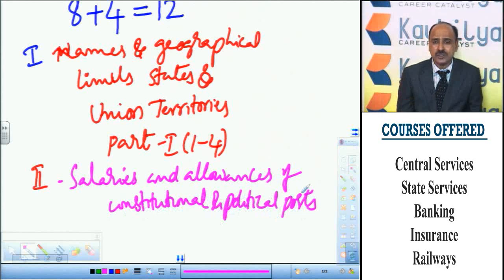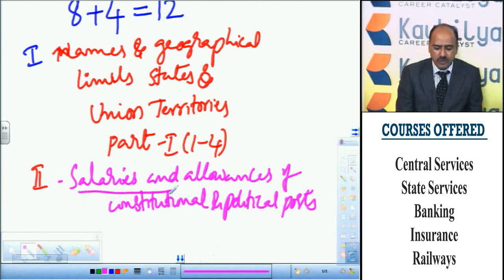Different people's salaries are mentioned. For example, the president's salary is mentioned in our constitution. The PM's salary is not mentioned in our constitution, but the PM can take a salary, equal to that of a member of parliament. Particularly for the PM, no salary is mentioned in our constitution, but the PM is basically a member of parliament. That's why, as a member of parliament, he can take a salary.